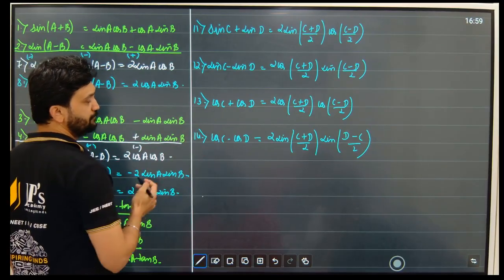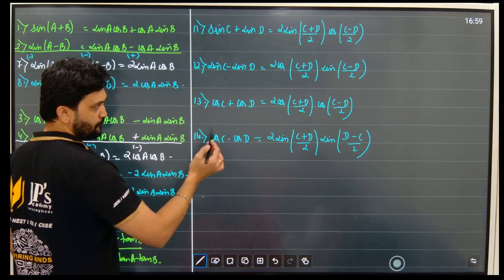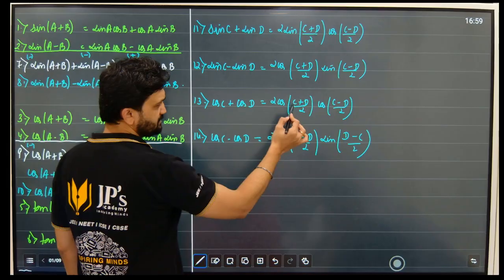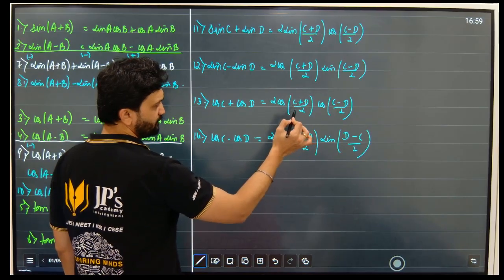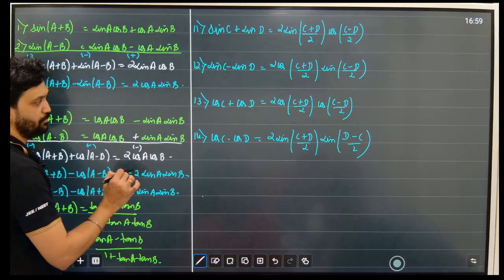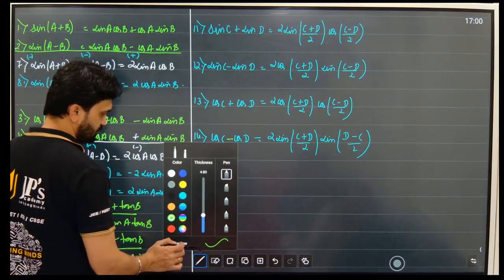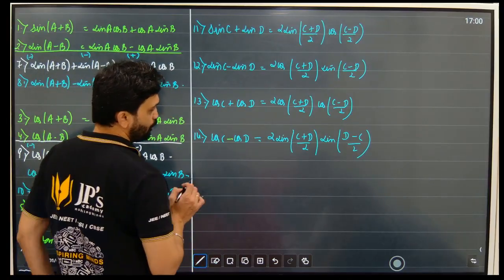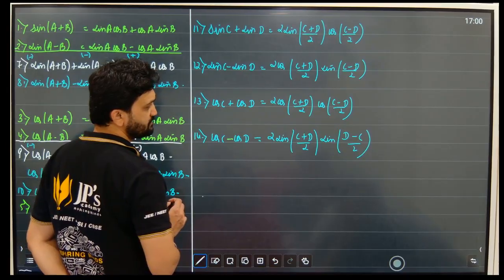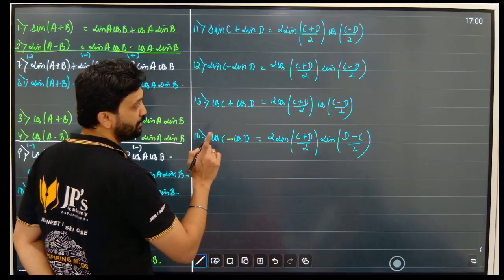The 13th formula is cos C + cos D, which is 2 cos((C+D)/2) cos((C−D)/2). And the last formula is cos C − cos D = 2 sin((C+D)/2) into sin((D−C)/2).